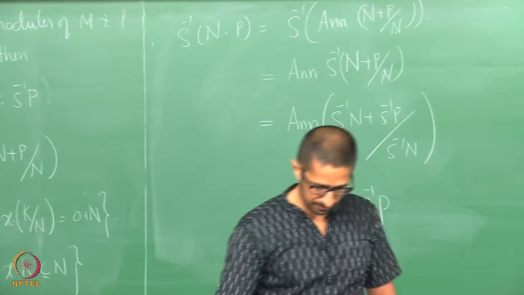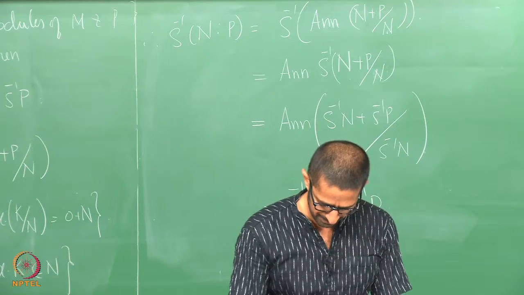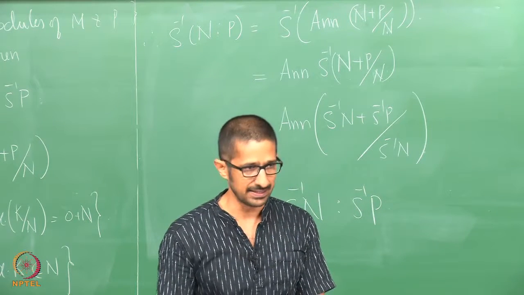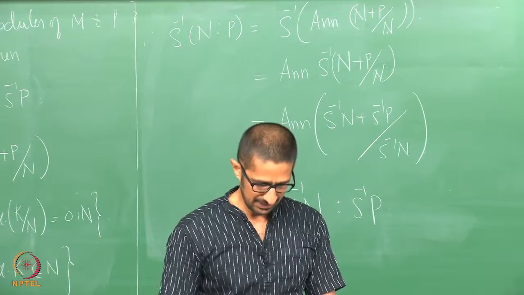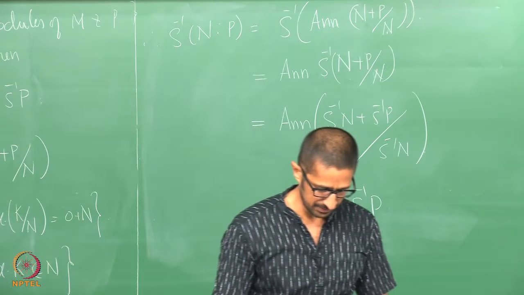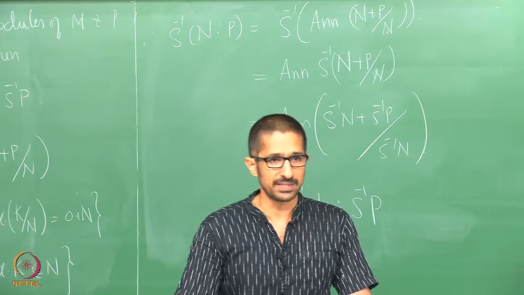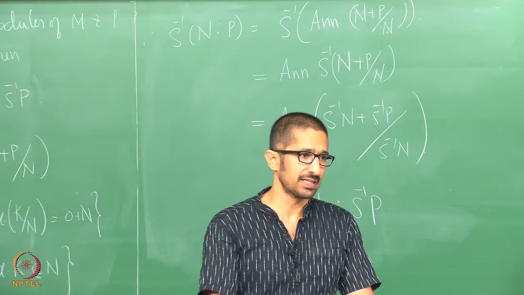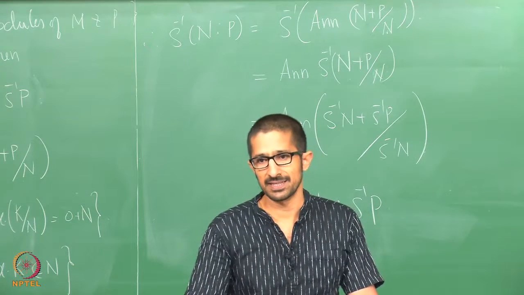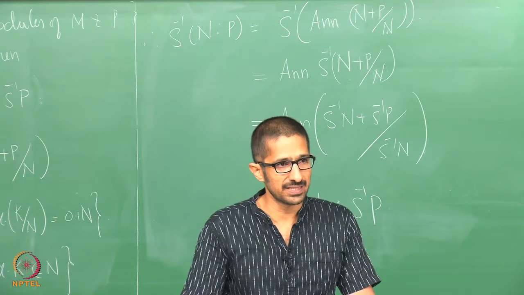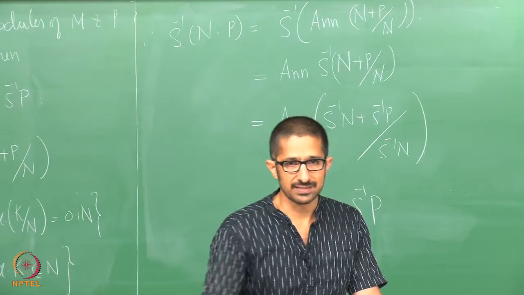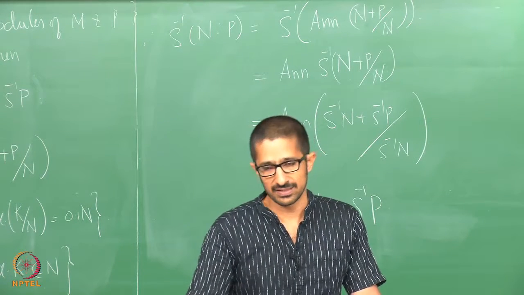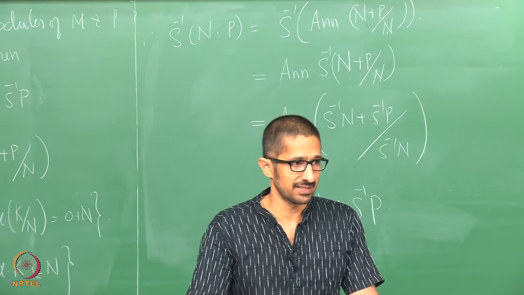Now, many times we will be using what is called localization with respect to a prime ideal. As we saw in the last class, for many properties, if you want to prove a module is 0, you only have to prove that it is 0 when localized at every maximal ideal, or if you want to prove some map is injective, you can localize and say that for every localization at any maximal ideal it is injective.